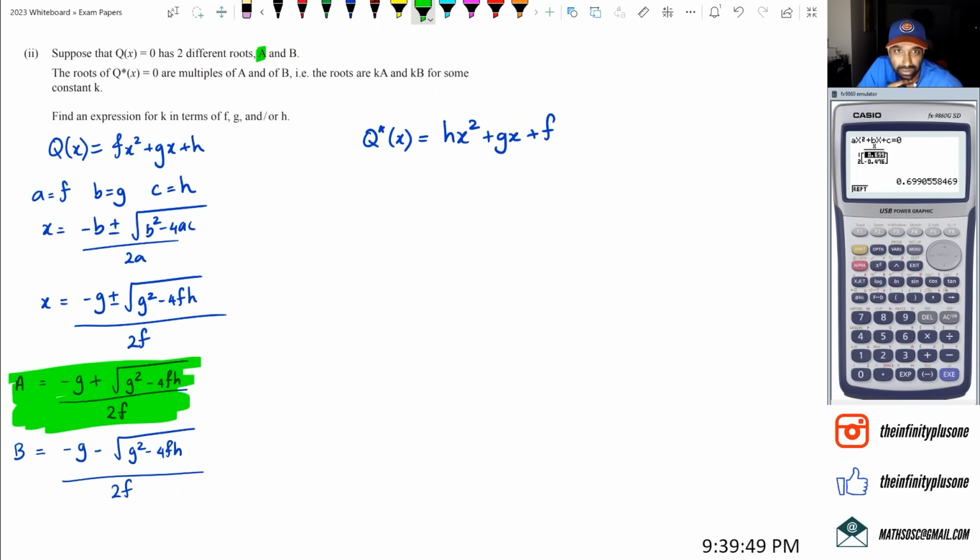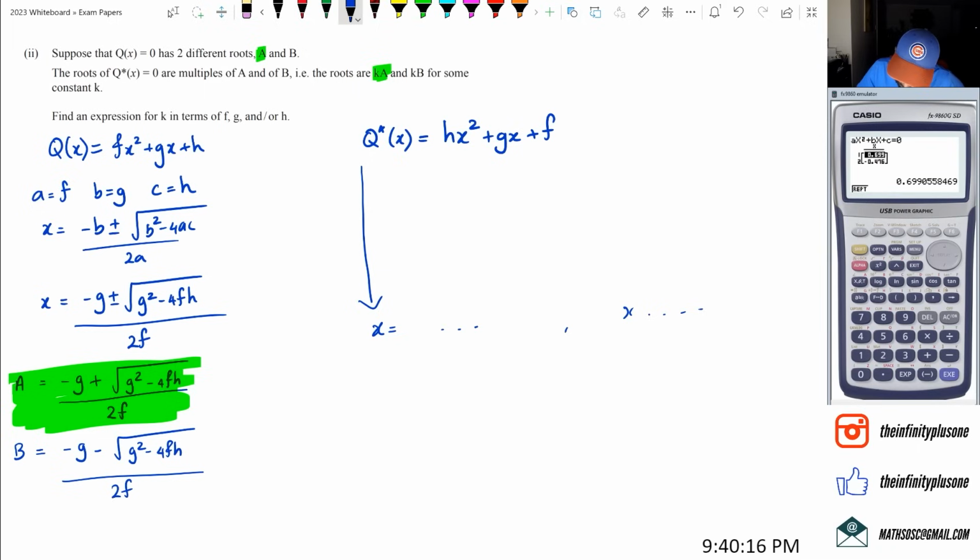But the second part of it actually says ka for q star of x, right? What we're going to do is try and figure out what one of the roots is. Now, it's not a. So we're pretty much going to do the whole quadratic formula here. And we're going to get x is equal to blah, blah, blah something, and x is equal to blah, blah, blah something, something like that.